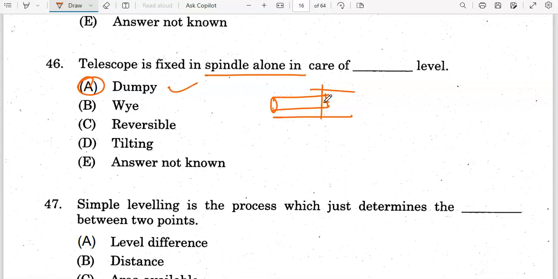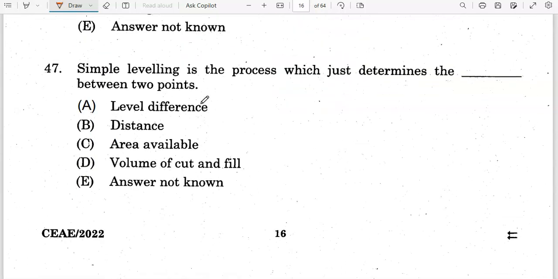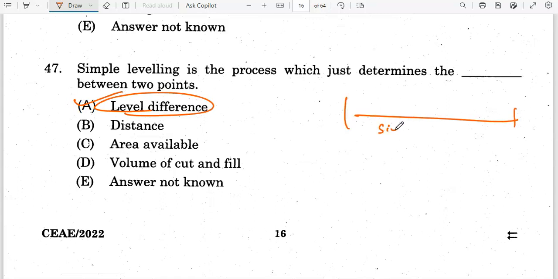The dumpy level is rigidly fixed to its supports. Option A is the correct answer. Next question, simple leveling is the process which just determines the level difference between 2 points. Option A is the correct answer. We can say level difference in simple leveling.